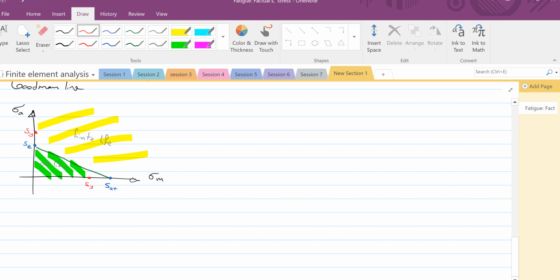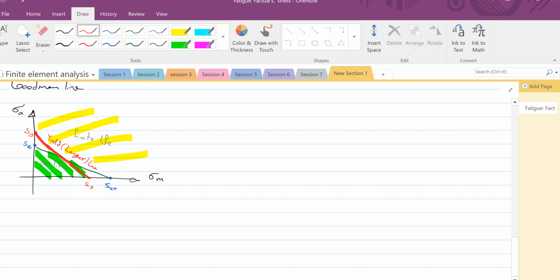And the line connecting those two, sorry, I'm doing my best to draw a straight line, is going to be our yield or Langer line.